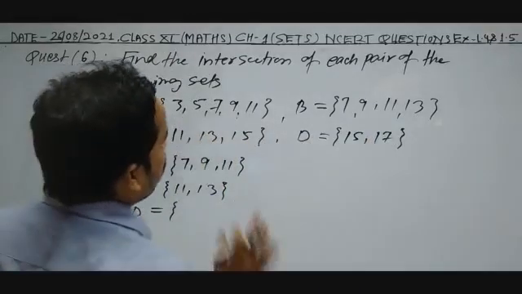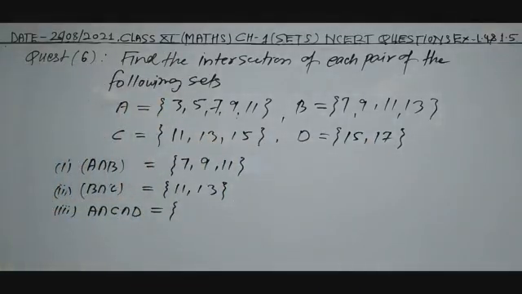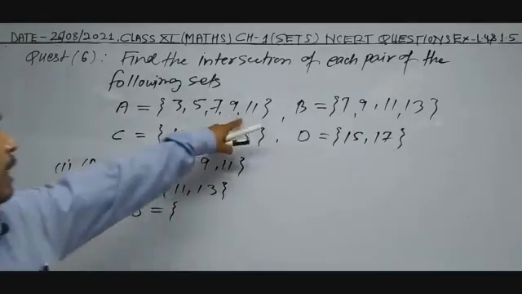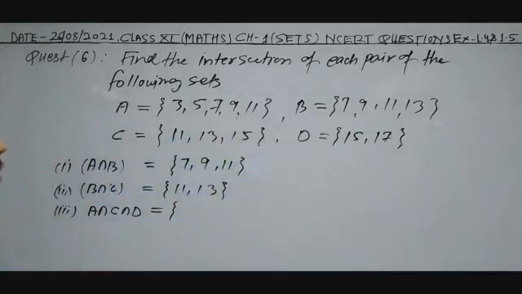There are no common elements. Which are common in these three sets A, C, D? 11 is here, but 11 is not in set D. So the result will be empty.